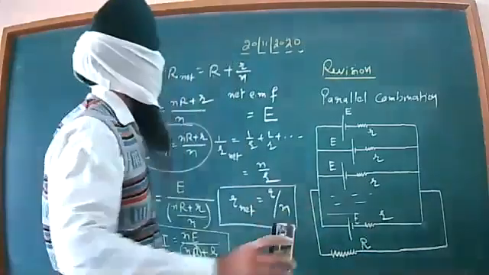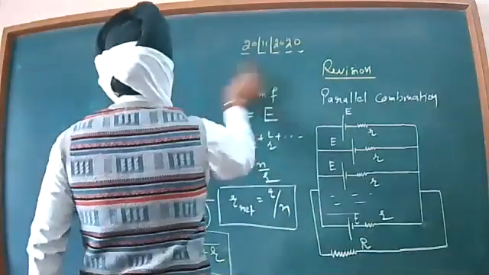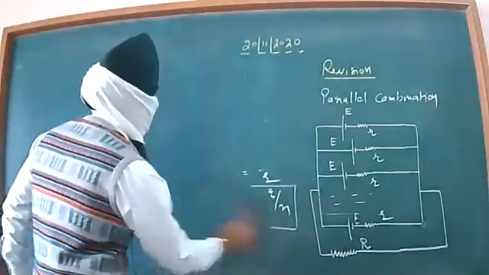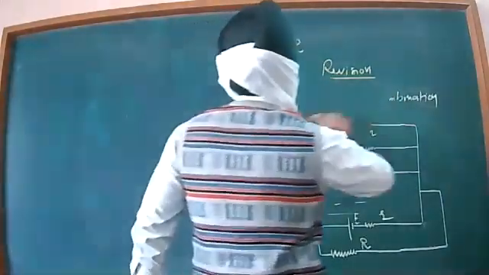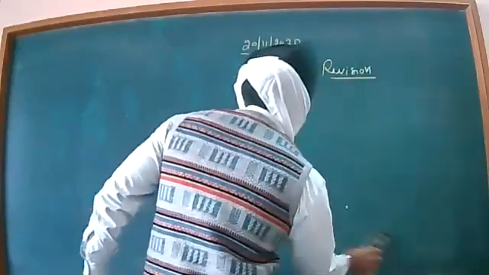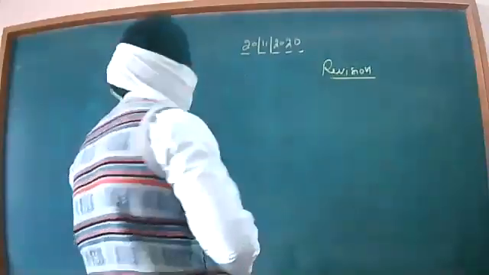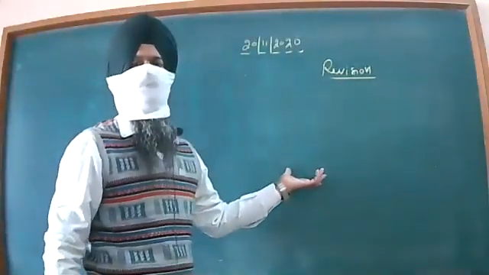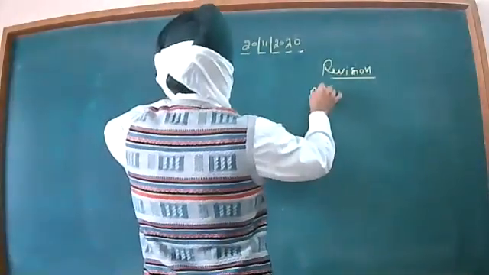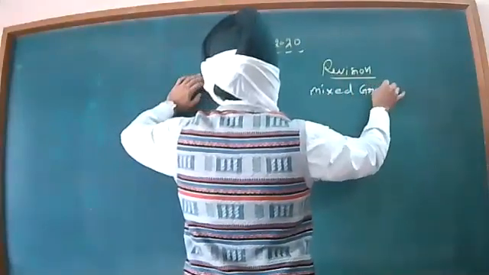Let us focus on the mixed grouping of the cells and see how it is different from the parallel as well as the series grouping, and how the maximum value of the electric current can be obtained in the mixed grouping of the cells. So dear children, I am now focusing upon mixed grouping.